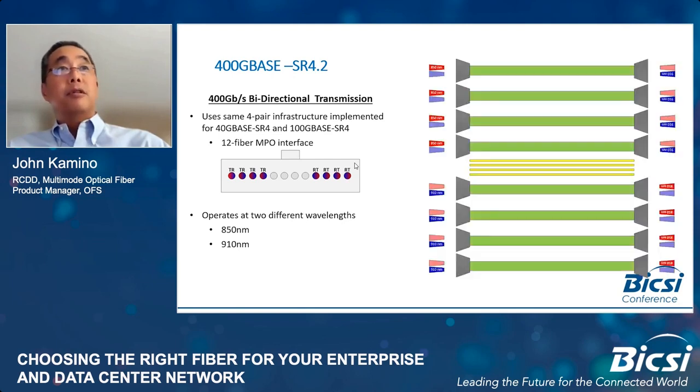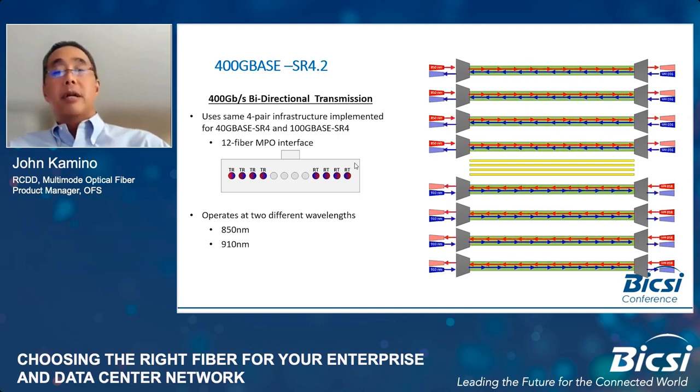It operates at 2 different wavelengths, 850 and 910. And as the bi-di or bidirectional name implies, you see the light traveling in both directions on the same fiber. So it'll go one direction at 850 and the other direction at 910.